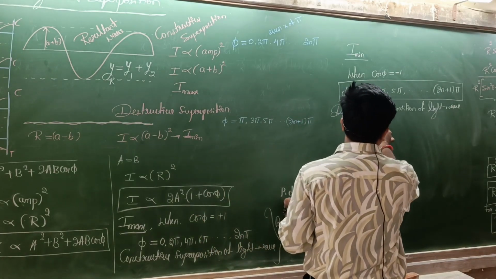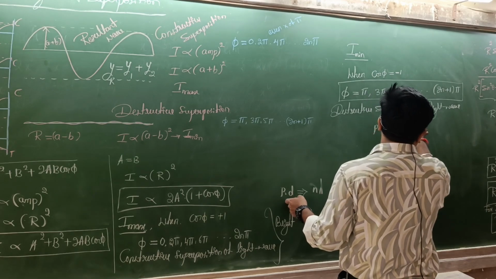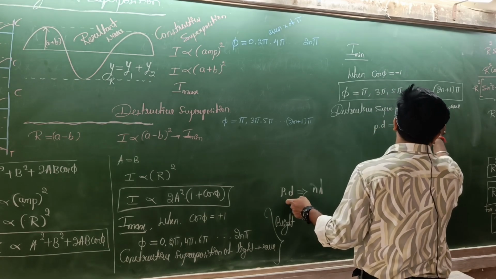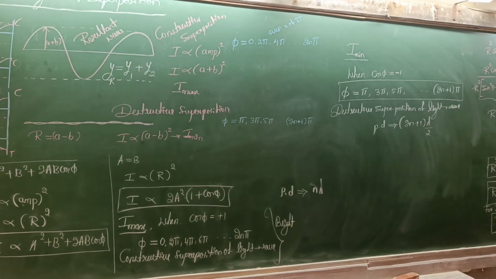In destructive superposition, the nth term of the path difference is (2n plus 1)λ/2. We also discussed the graphical representation of this, for constructive superposition and destructive superposition.